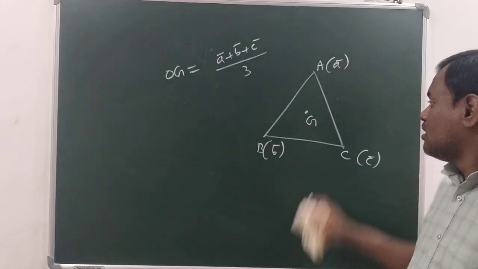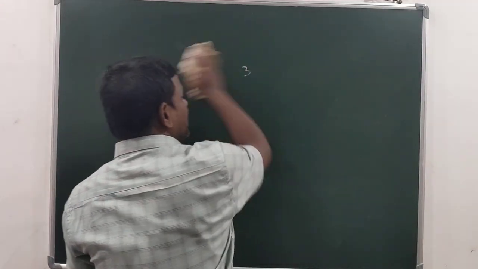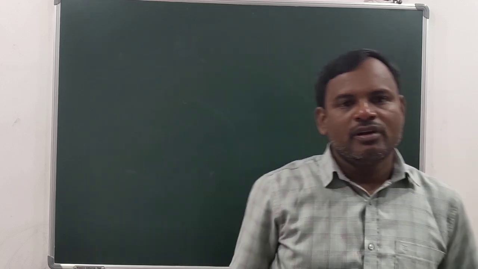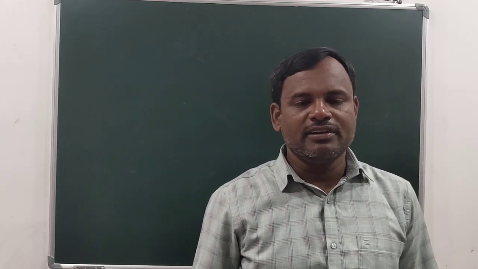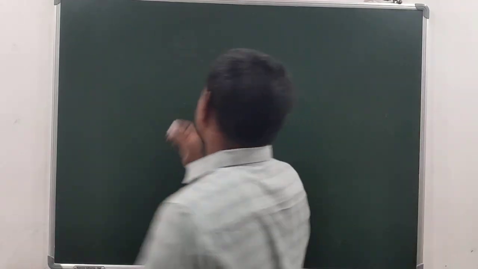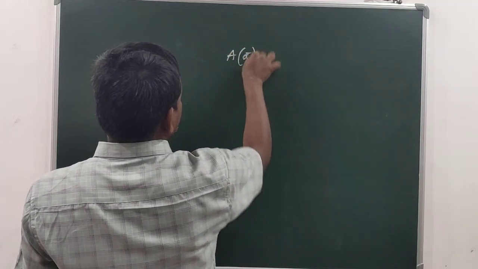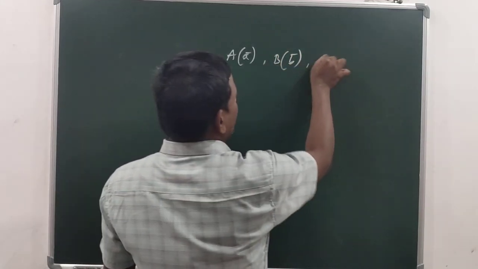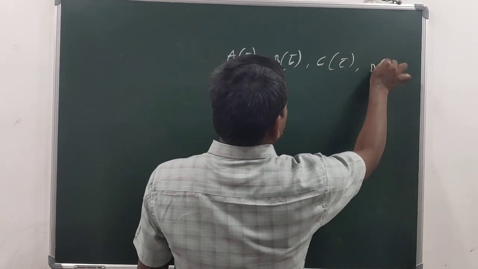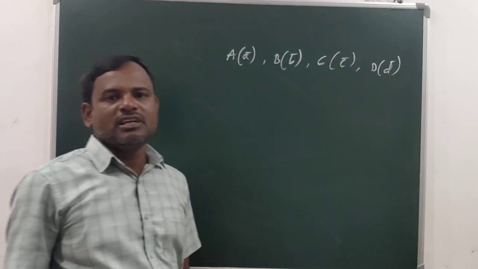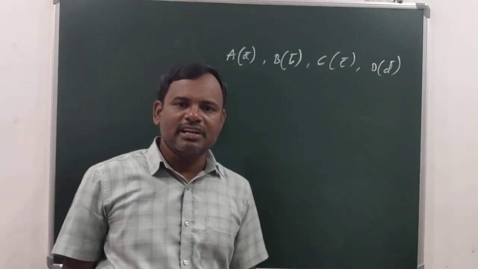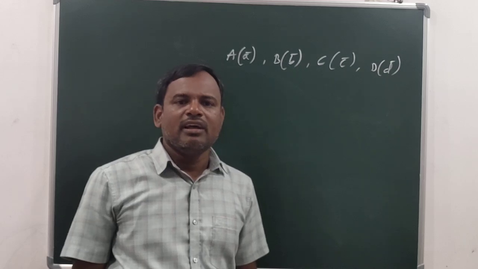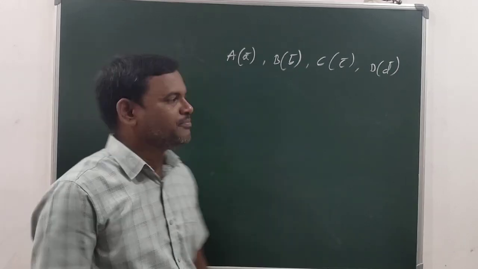And let us find the centroid of a tetrahedron. A tetrahedron is a 3D figure which cannot be drawn on the board. It has 4 vertices, so the 4 vertices of a tetrahedron will be given to you. A with position vector A bar, B is one more vertex whose position vector is B bar, and C bar, and D bar. These are the 4 vertices of a tetrahedron, and they are asking us to find its centroid.